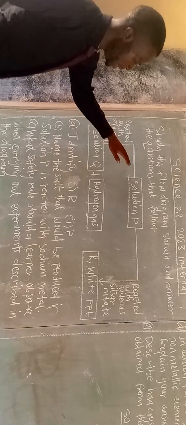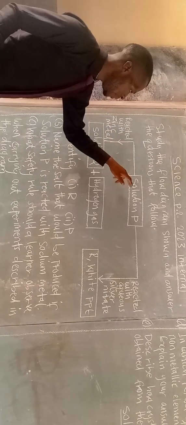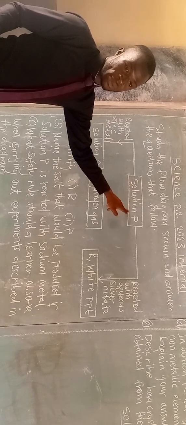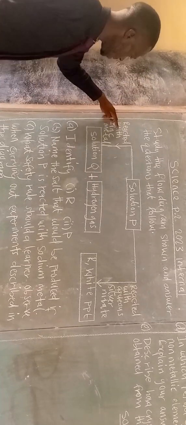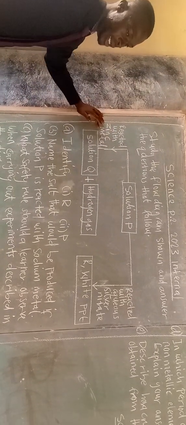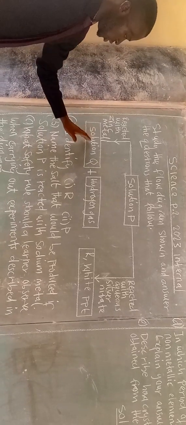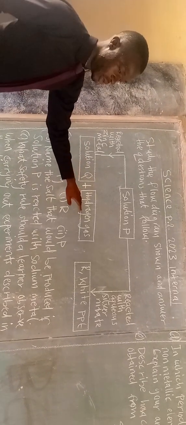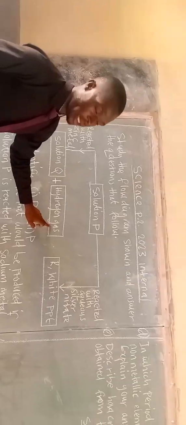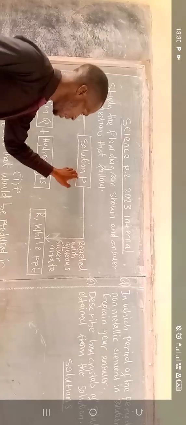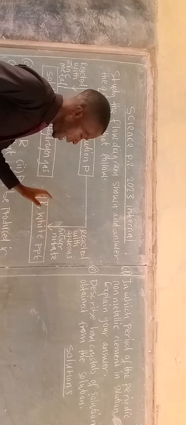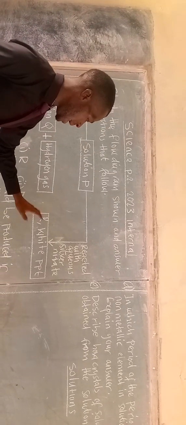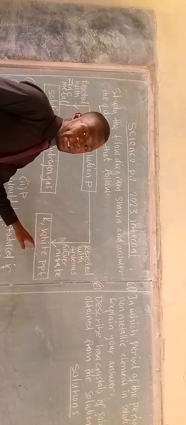Okay, so on the flow diagram here, we have been given solution P. This solution P is reacted with zinc metal, and then it produces solution Q and hydrogen gas. Then the same solution P is reacted with aqueous silver nitrate, and then it produces R, which is the white PPT.